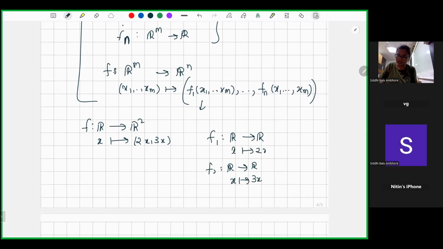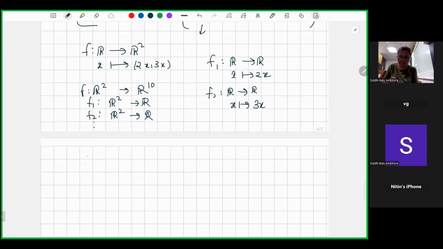Likewise, going to R10, there will be F1 from R to R, F2 from R to R, and like that F10 from R to R. And then F will be from R2 to R10.